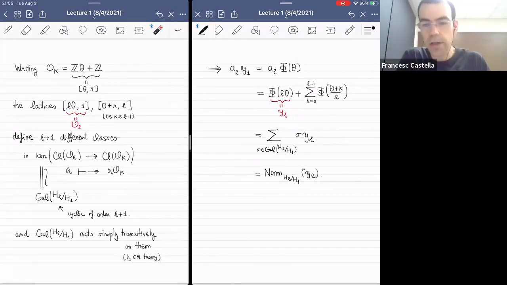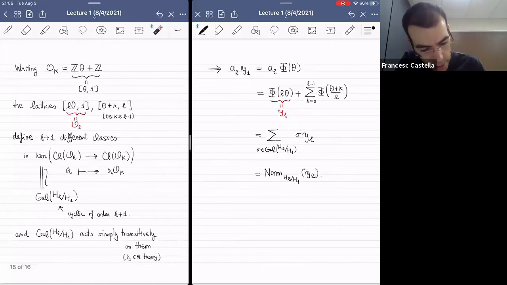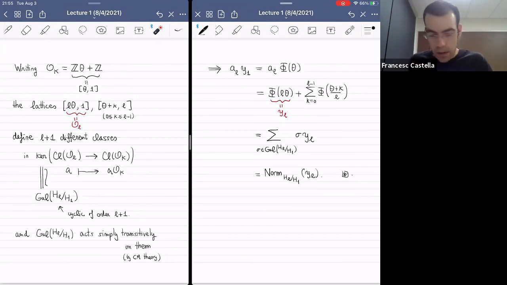The only thing we need to check to give the proof for general M is that instead you would begin with a basis for O_M here, but there are no essential changes that need to be made otherwise. So this gives us the norm relations, and what we're going to do next time is study some further properties that these Heegner points satisfy.